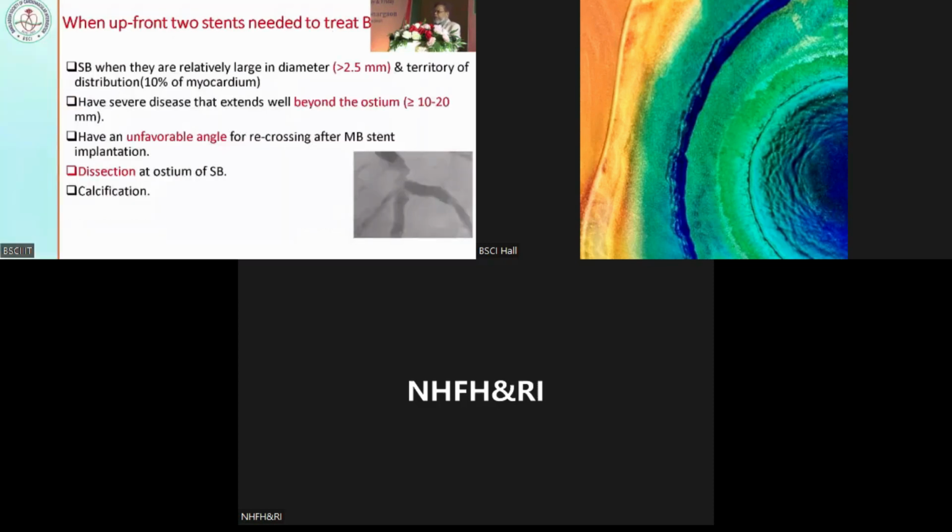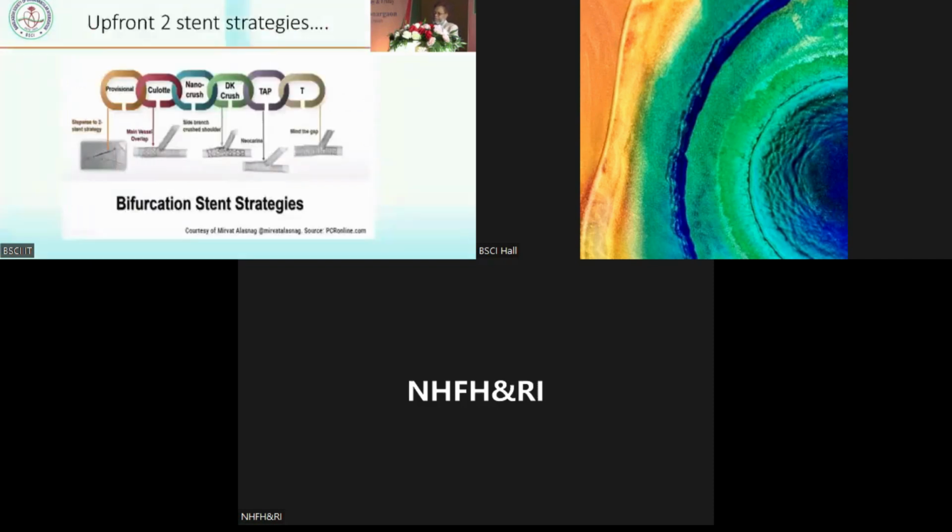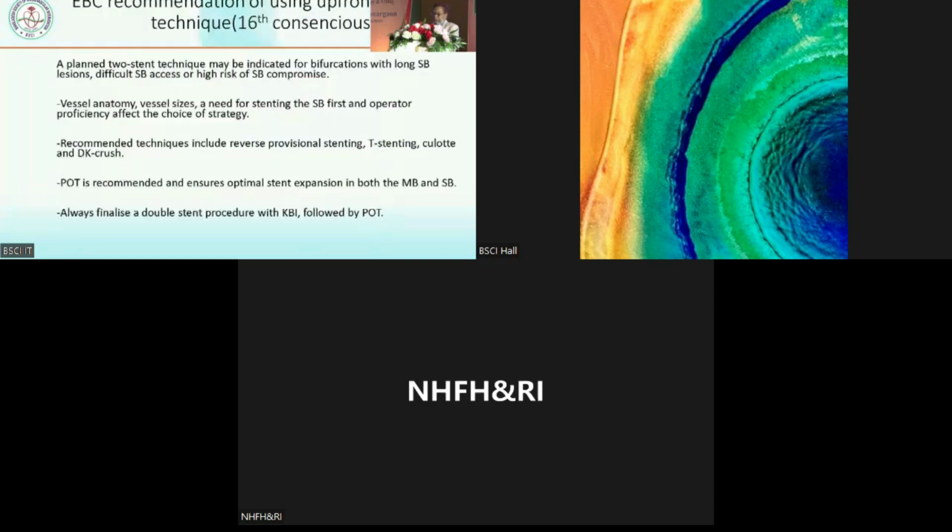Usually we do an upfront study: vessel more than 2.5 millimeter, side branch lesion more than 10 millimeter, or somebody says more than 5 millimeter, unfavorable angle, and dissection of the side branch. These are the features that guide which procedures we can do.